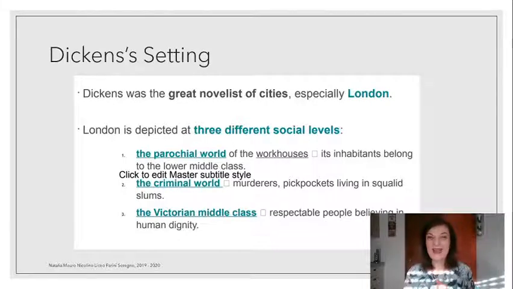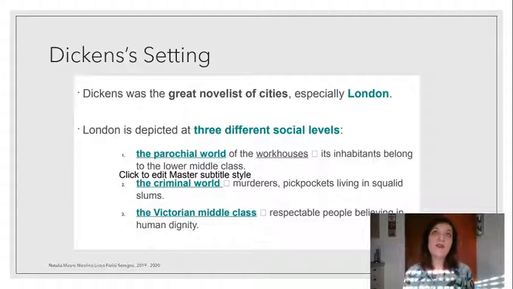Then he also describes, as the second level of the industrial society, the criminal world, and he is one of the first in Europe, and most of all in Britain, to focus not only on the middle class but on the world of the last, of the neglected, of the poor, of the criminals, murderers, pickpockets, children or people who live in slums, squalid, dirty.